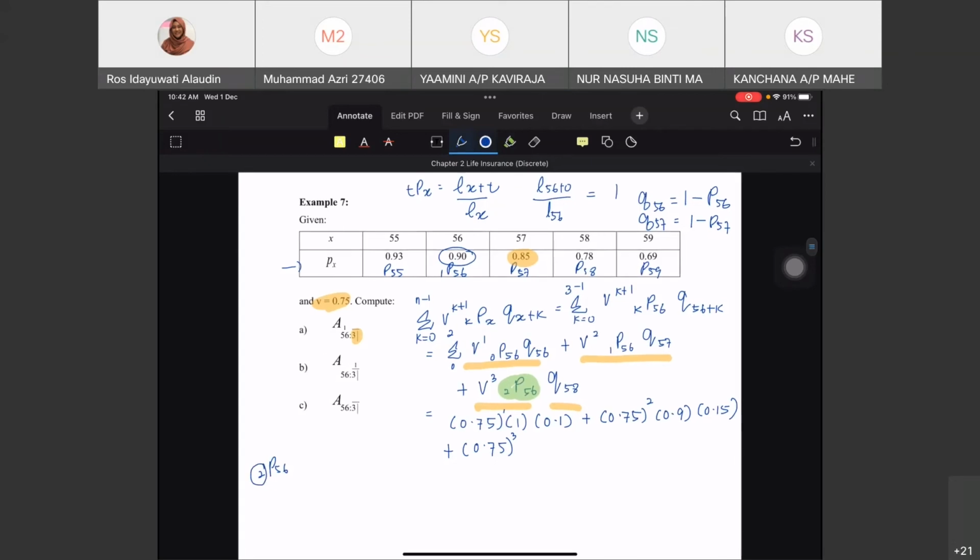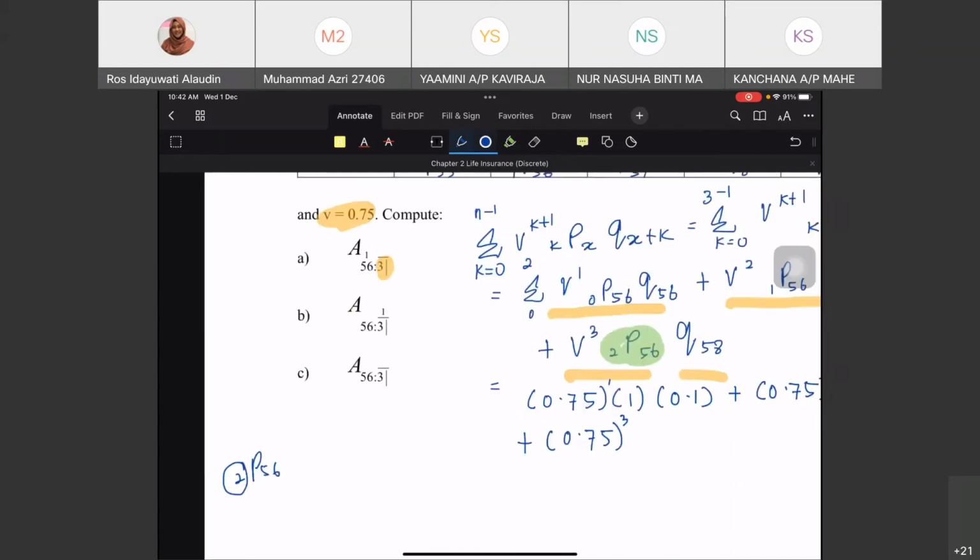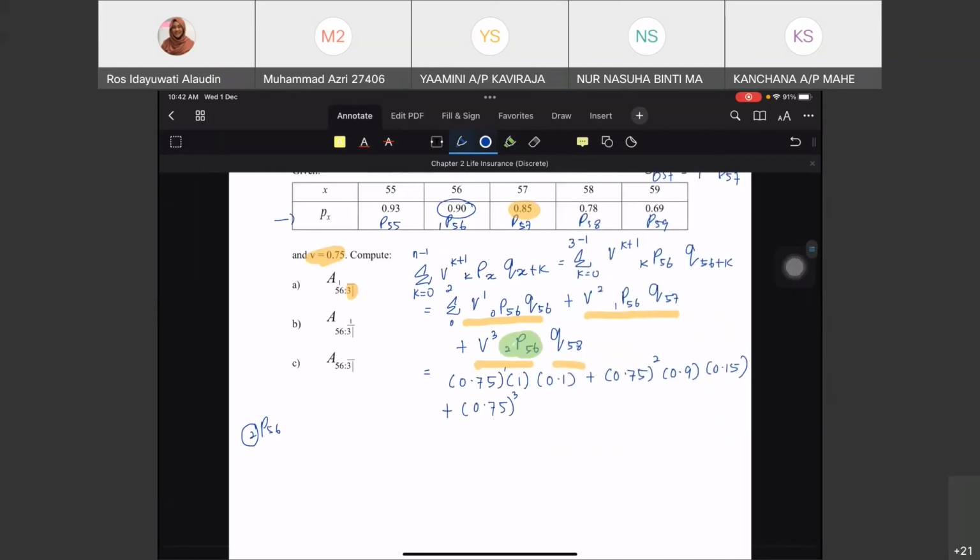We calculate the multiplication of px times px+1 times px+2, and so on, until n minus 1.